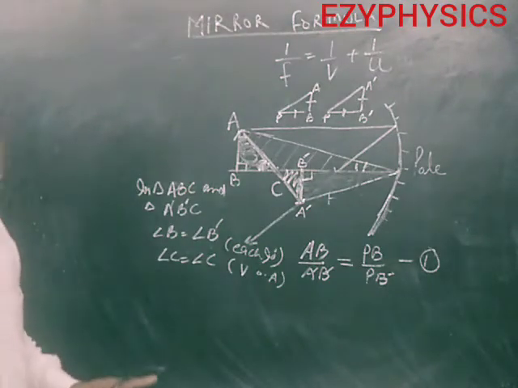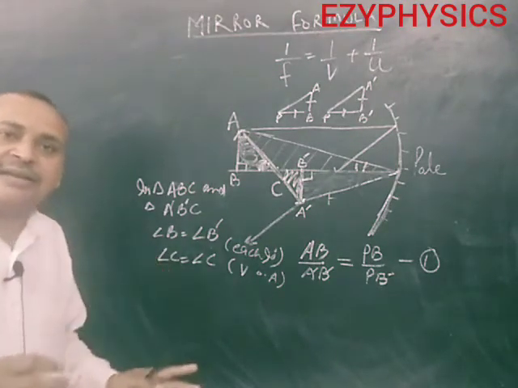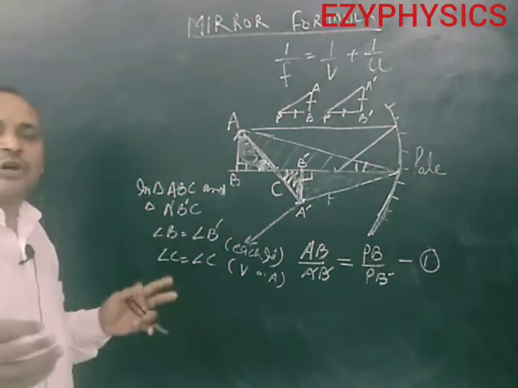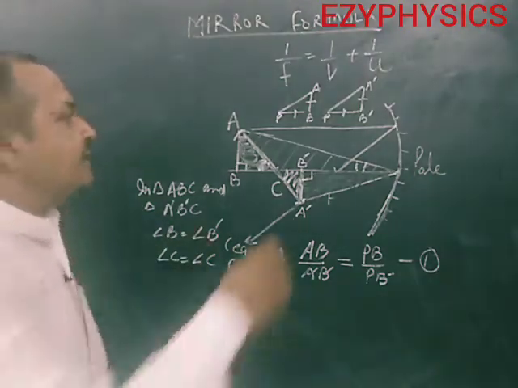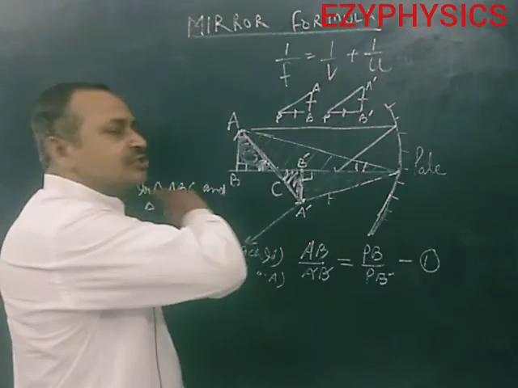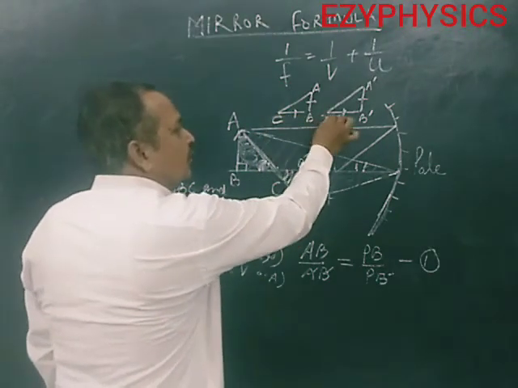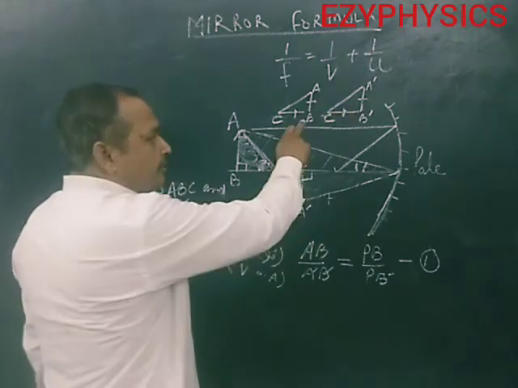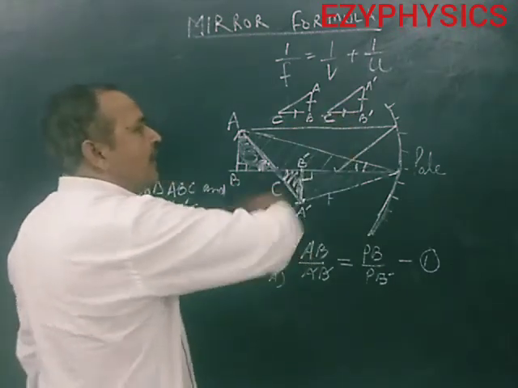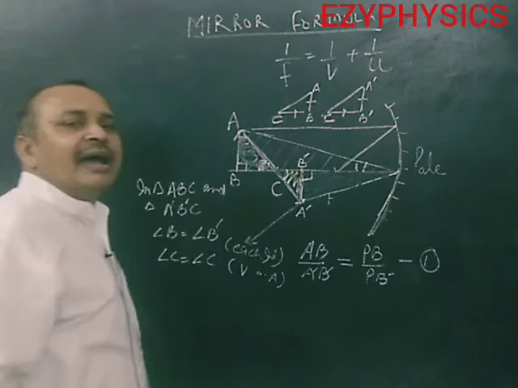So what will we do? We will again take the ratio of the corresponding sides. So first let us change the diagram. You saw C is equal to C, B is equal to B', and A'. So what will we write?